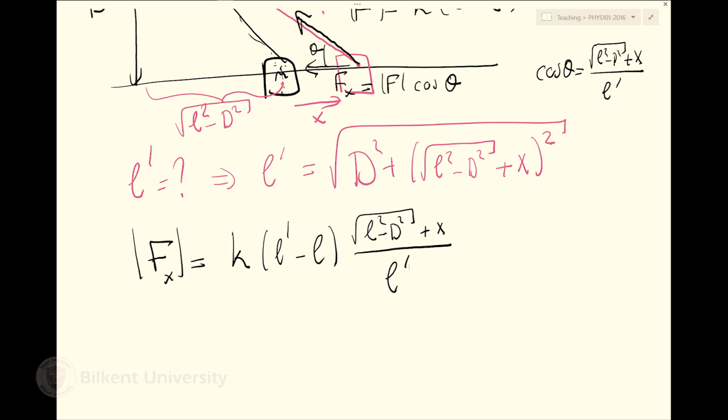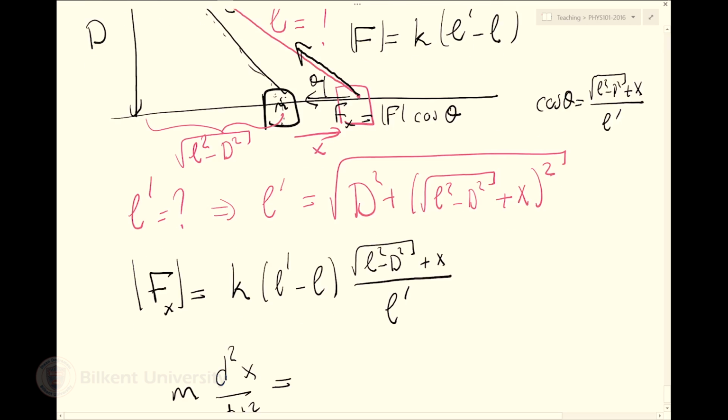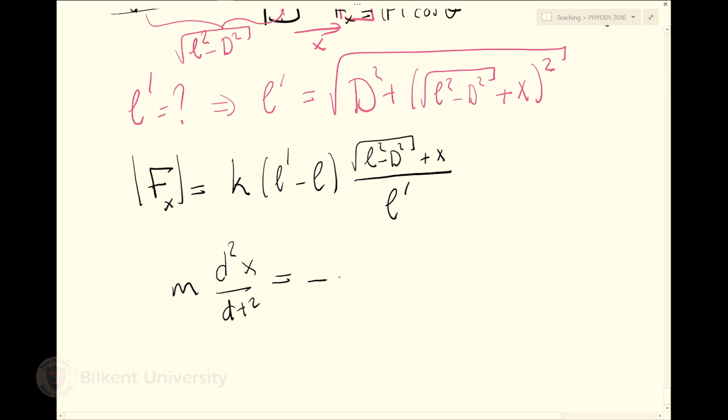So what's my differential equation? F is equal to m times a. So m times d squared x dt squared. Because Fx is in the opposite direction to x, it's going to be minus k times L prime minus L, times the square root of L squared minus d squared plus x, divided by L prime.